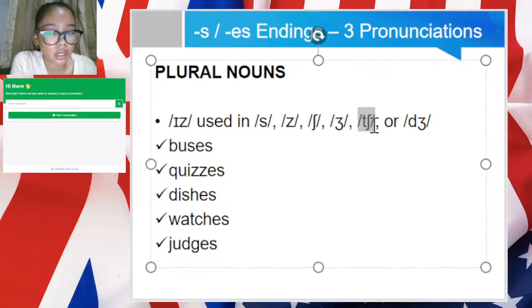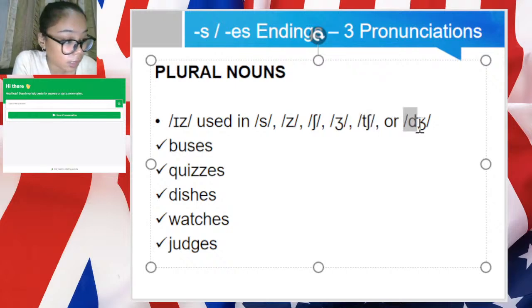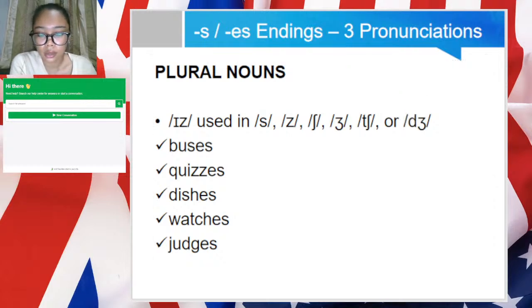Then the last one is pronounced as j, like June, January. All right. Those are the particular sounds that we depend on for rule number 3 so that we can use the "iz" sound.